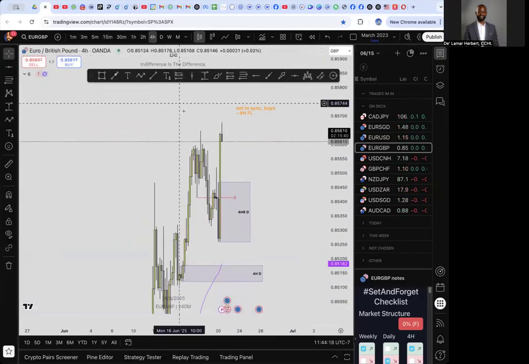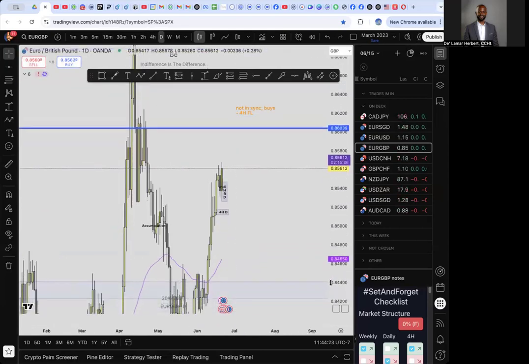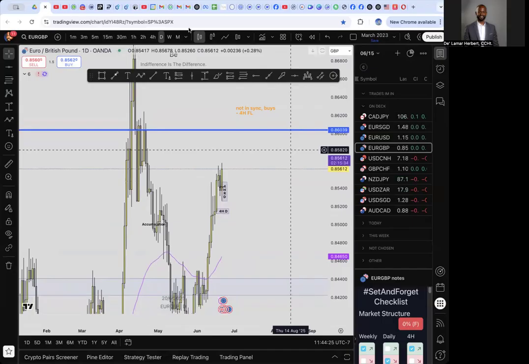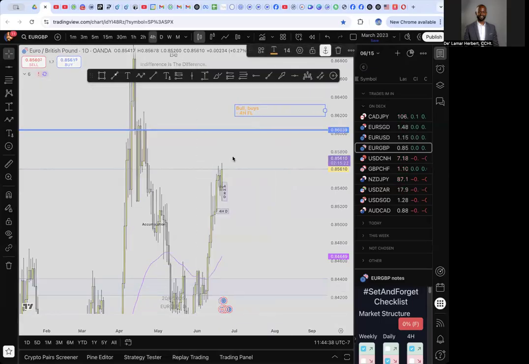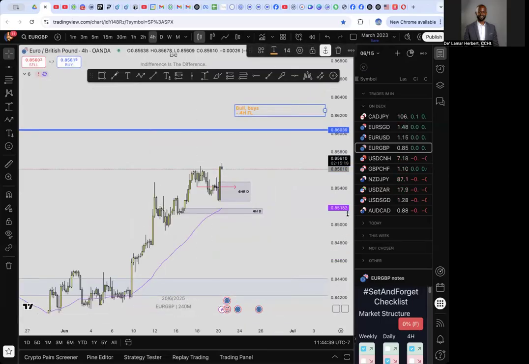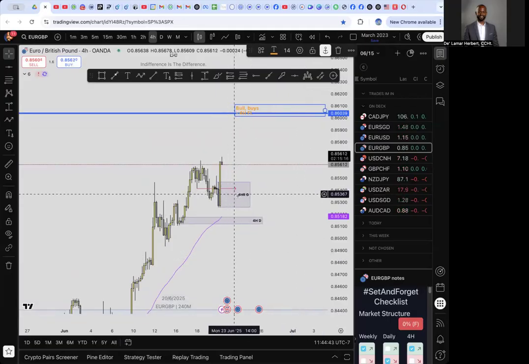Okay, here. So on the daily, I had it not in sync, but that must have been old. Yeah, it's old. So now we are in sync. We're looking for buys, so we're bullish here. We're looking for a 4 hour first low, and that's exactly what we're still doing because we have a 4 hour demand zone.